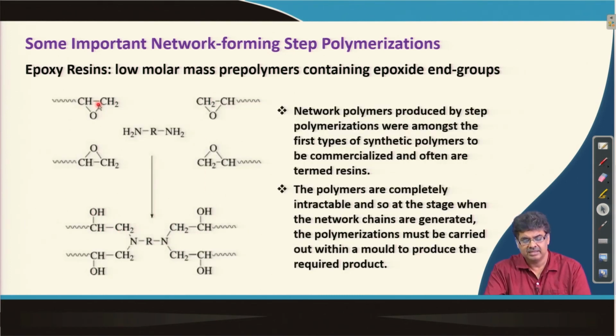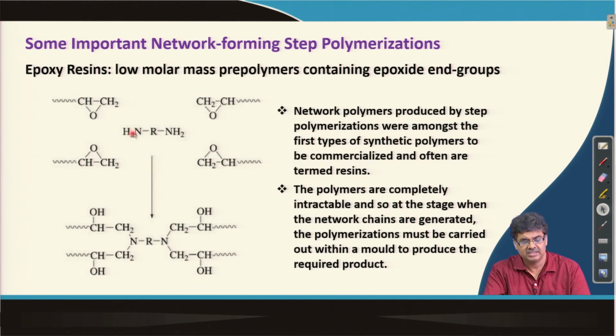Then, using monomers with functionality more than 3, or functionality 3, we can cross link these epoxy pre-polymers to make a network polymer.